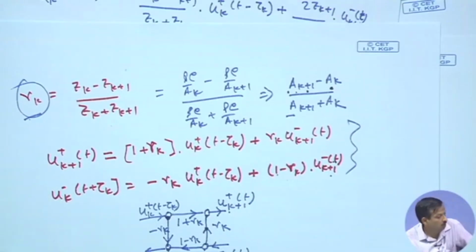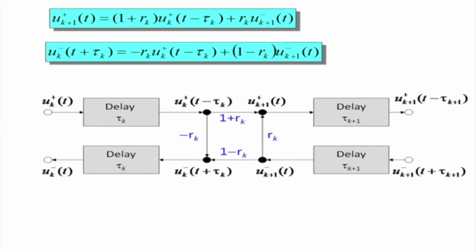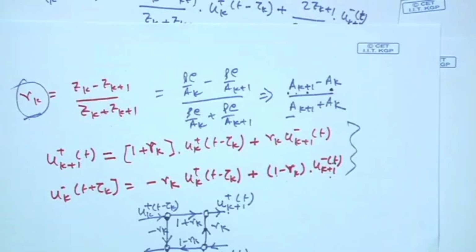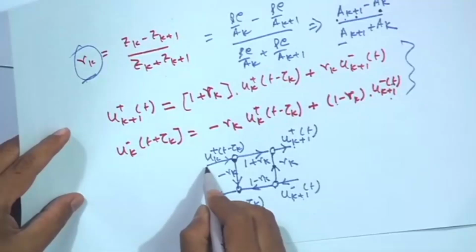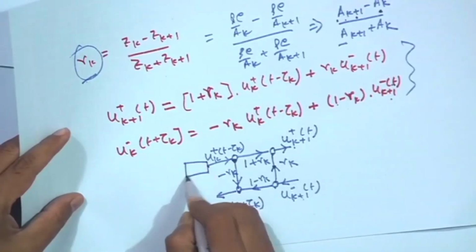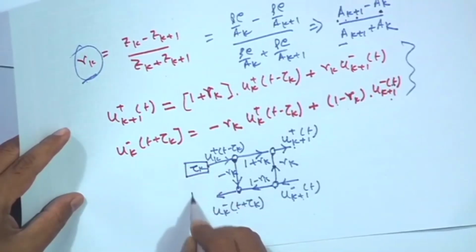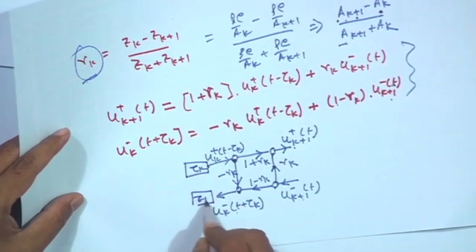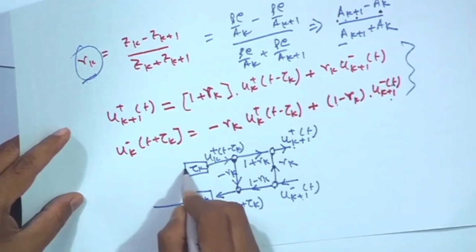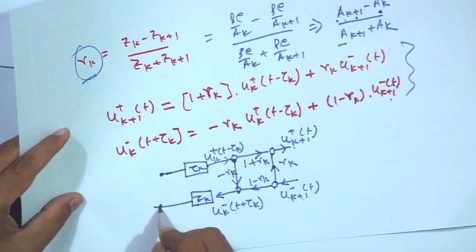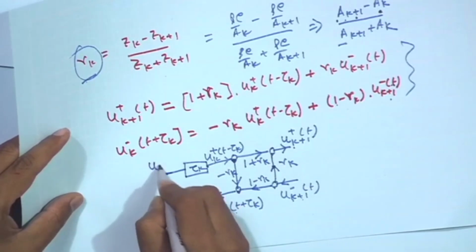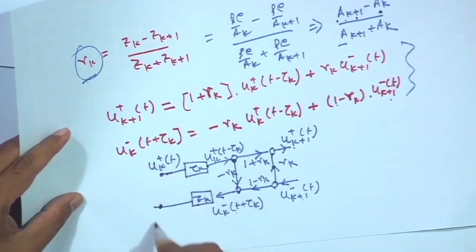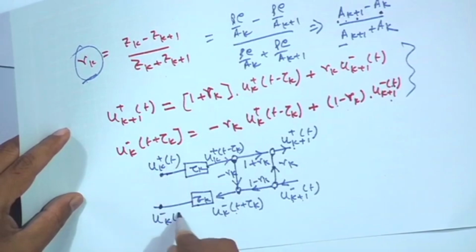Okay. So, the diagram: the kth tube length is L k, so the delay is tau k. I can say in the whole diagram, the kth tube length is L k, so the delay will be tau k, here also the delay tau k, and here I get the input of the kth tube, which is nothing but u k plus t and u minus k t.